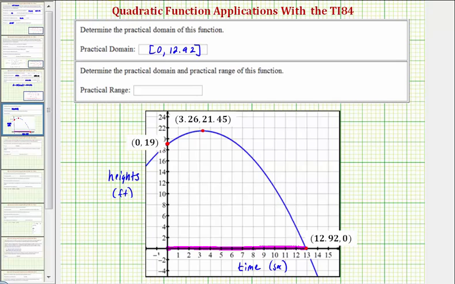And the practical range, or the set of all possible outputs, would be from 0 all the way up to the highest point of the vertex, which is 21.45. So the practical range would be the closed interval from 0 to 21.45. Okay, I hope you found this helpful.